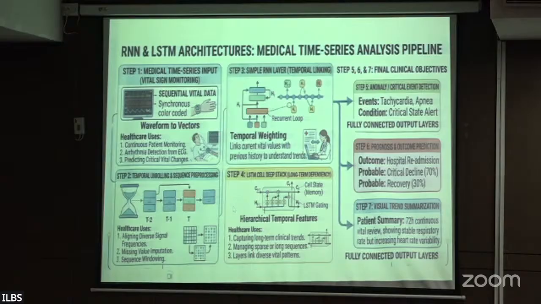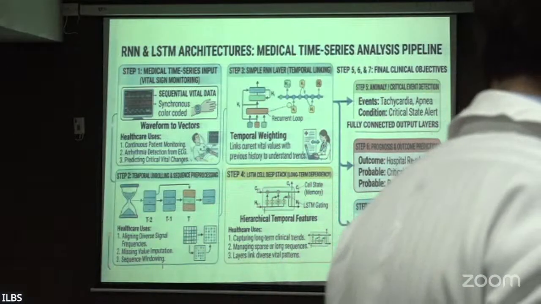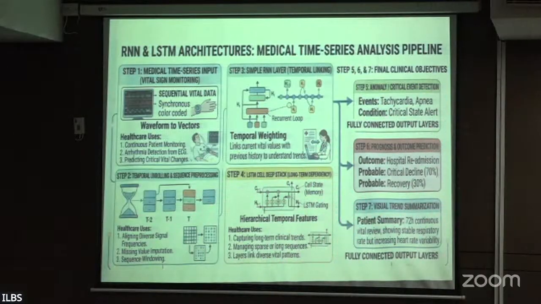And some amount of inferencing, like critical event detection or prognosis outcome prediction, means hospital readmission, if there is some risk of hospital readmission for a critical decline of vitals, or some critical state alert for some elderly person or some critically ill patient under continuous monitoring. This type of analysis can be done by the long short-term memory, and with temporal data also, when we have successive follow-up data.